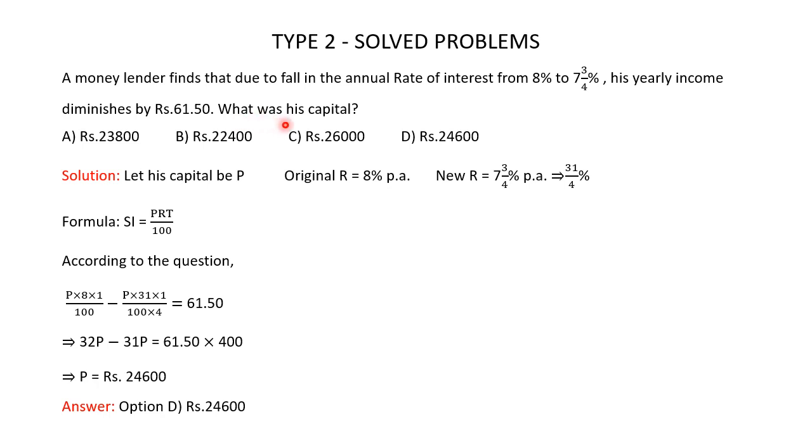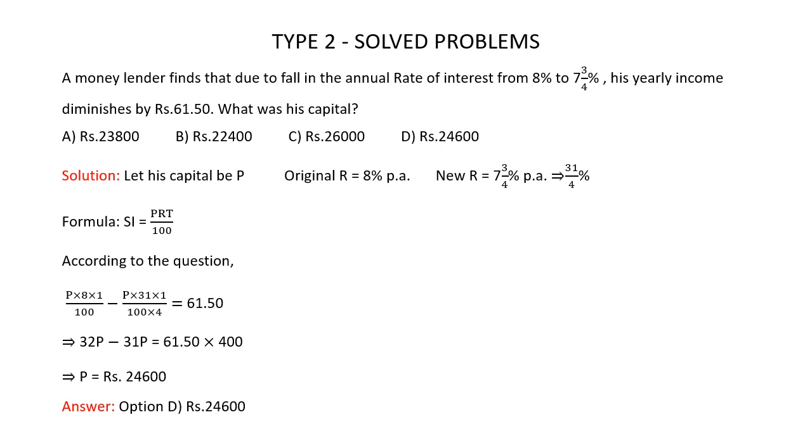So here you are asked to find out the moneylender's capital. So let's assume that his capital is P. Now it's given that originally the rate of interest was 8% per annum. Then it decreased to 7 3/4% per annum. Now 7 3/4% is nothing but 31/4%.